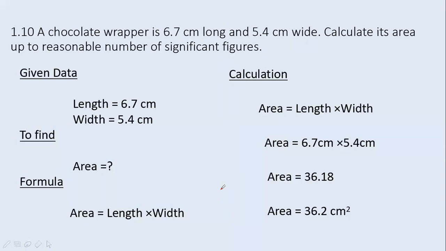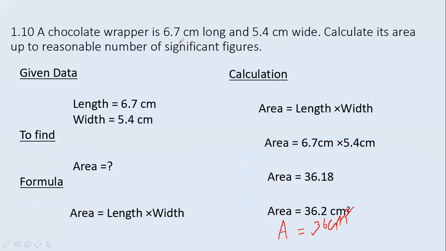We rounded it to 36.2 centimeters squared. But the correct significant figure answer is area 36 centimeters squared, to two digits.